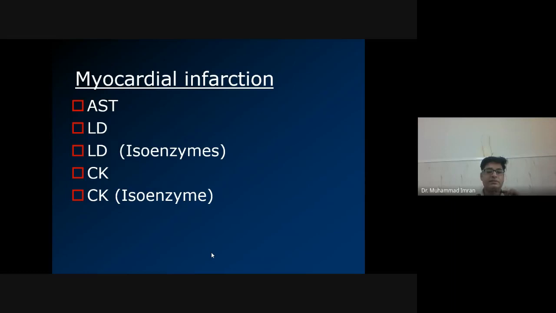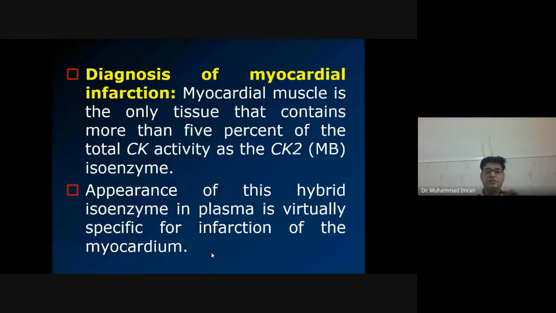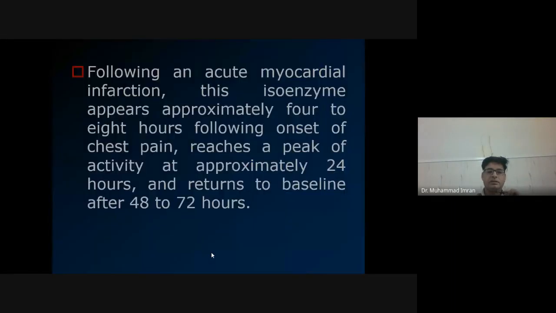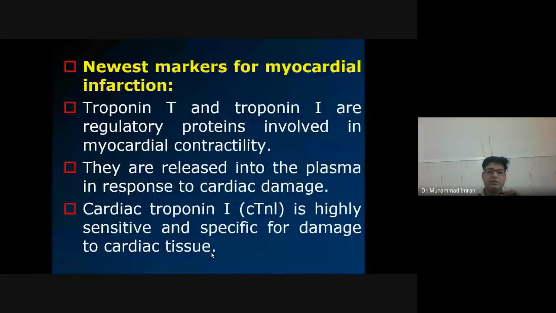We have already discussed CK2. These two newest markers are used to identify myocardial infarction: troponin T protein and troponin I protein. They are raised during myocardial infarction earlier than CK2 and lactate dehydrogenase 1.